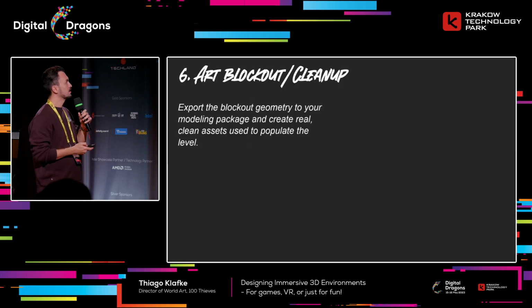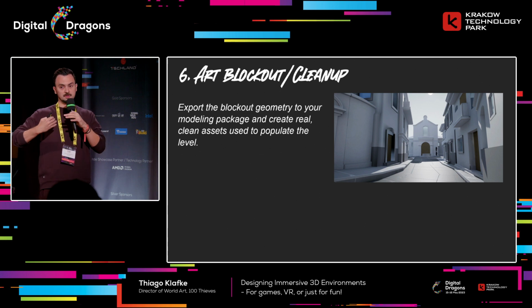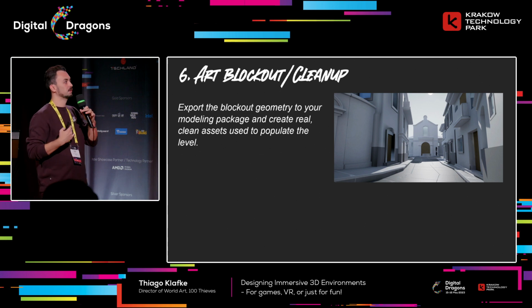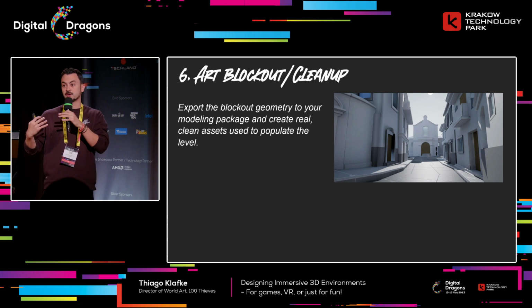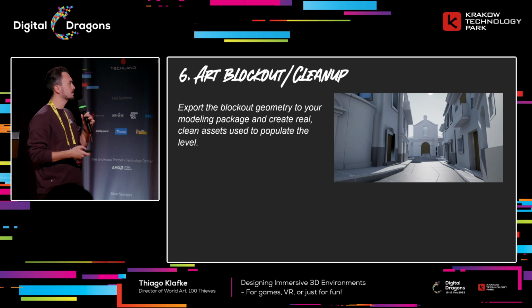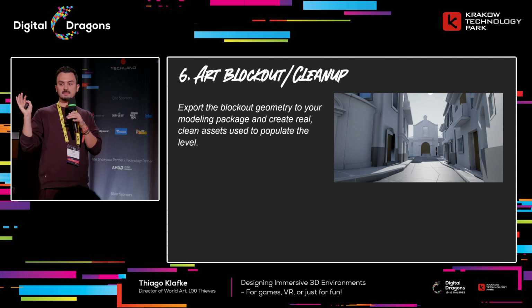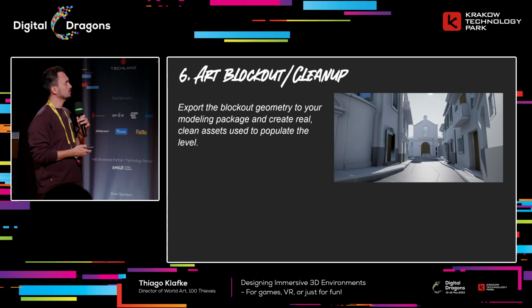Okay, so once that's done, I go to the art blockout cleanup phase. To use an example, if you're writing a story, so far you used the keywords and wrote the little prompt, and then you have a draft, right? Then you write an improvement, so it's the same process. At this stage, I export these pieces to Maya and I start modeling.